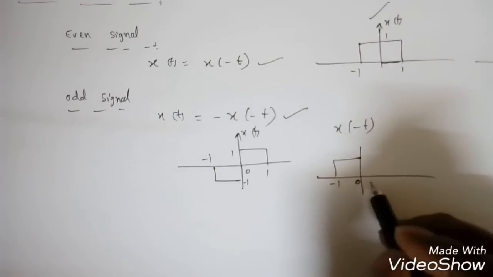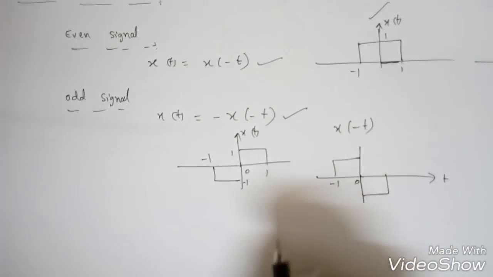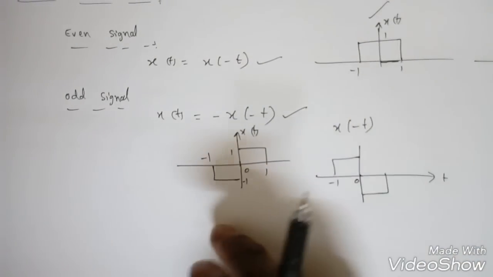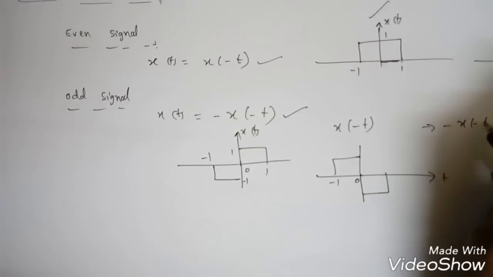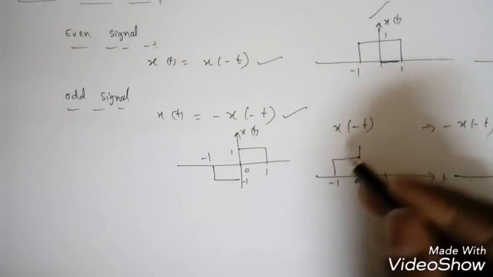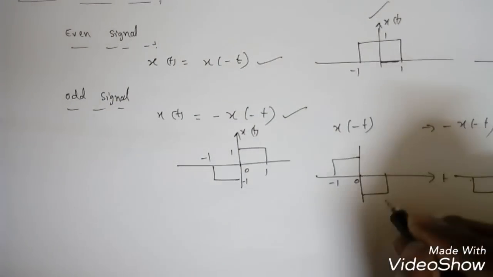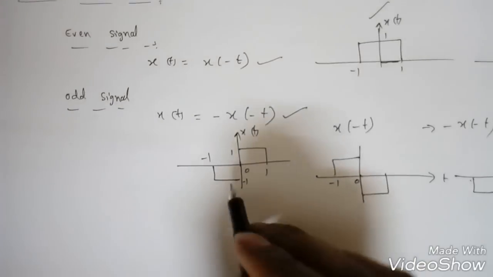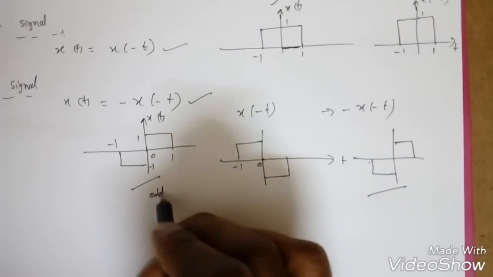Similarly from minus 1 to 0 it will go to the opposite. This is t. Now if you compare this and this, if I negate, that is minus x of minus t, then it will become the opposite. So this positive will become negative, and this positive will become negative. So these two are equal, right? That's why this signal is an odd signal.